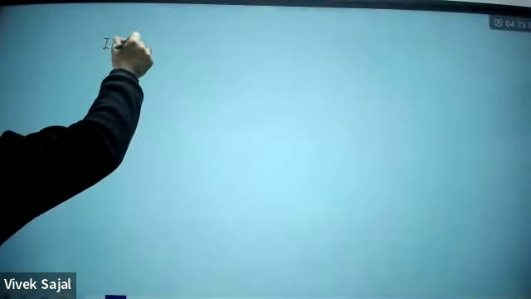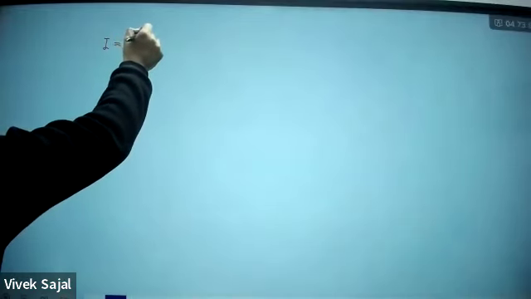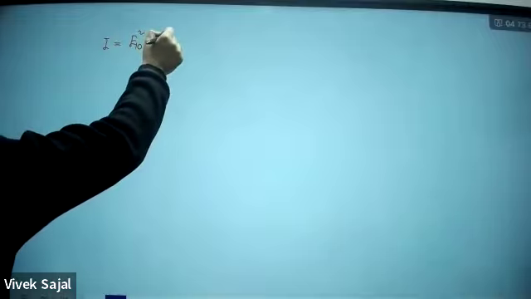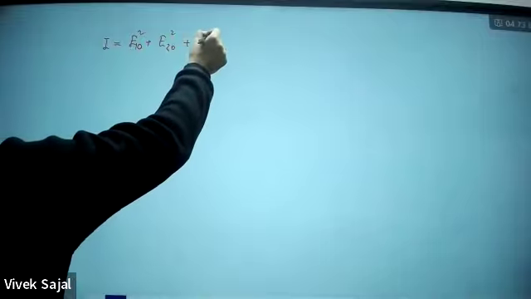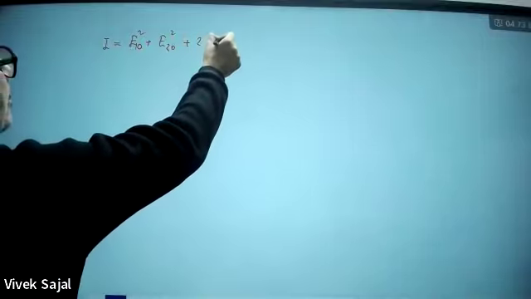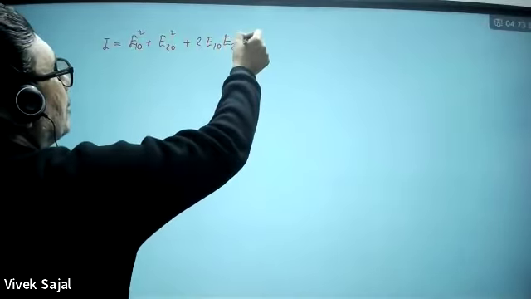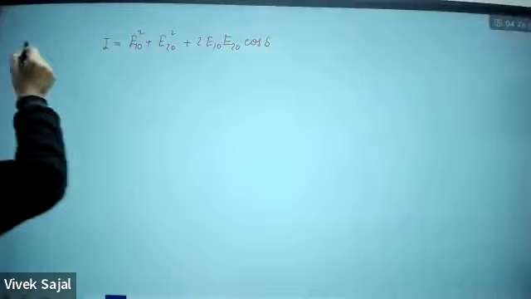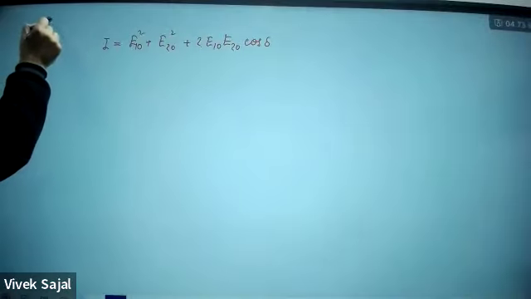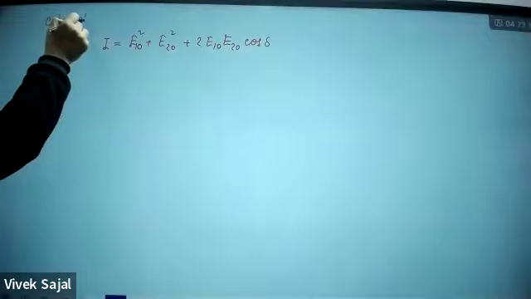Your formula is I equals E1 naught square plus E2 naught square plus 2 times E1 naught E2 naught cos delta. This formula is valid for coherent sources. For coherent sources, we use this formula.